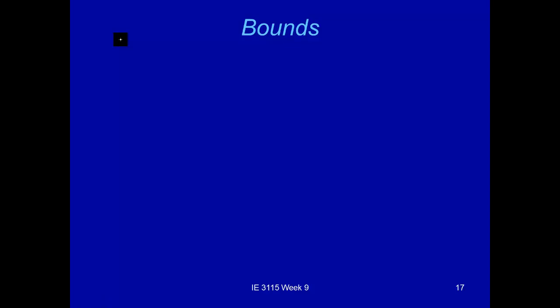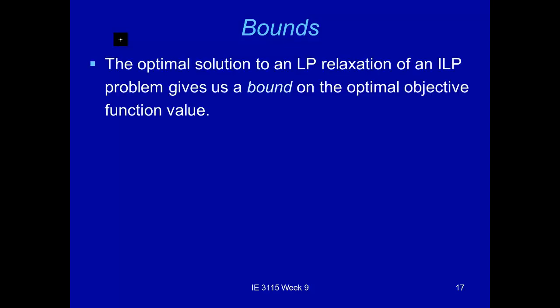We solve them using a method called branch and bound. Okay, and first I'll introduce what a bound is. The optimal solution to an LP relaxation of an ILP gives us a bound on the optimal objective function value.